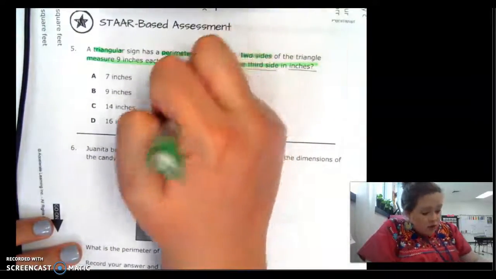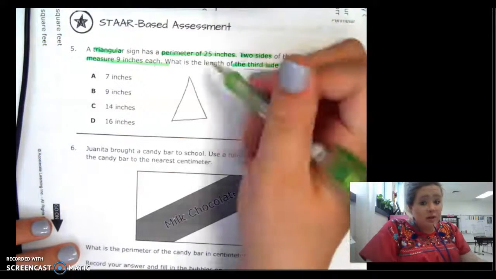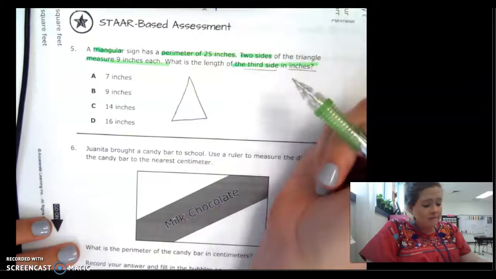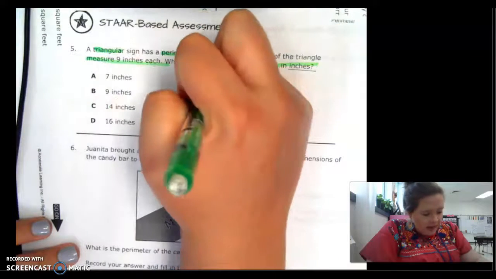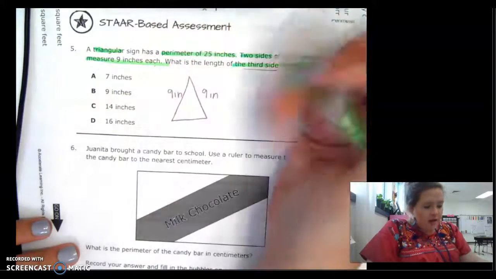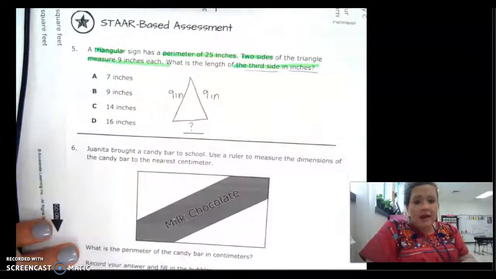So I'm going to draw a triangle because that's what shape this is talking about. I'm going to label what I already know. 9 inches and 9 inches. I am missing that one.